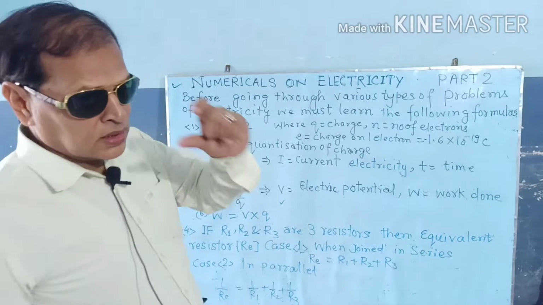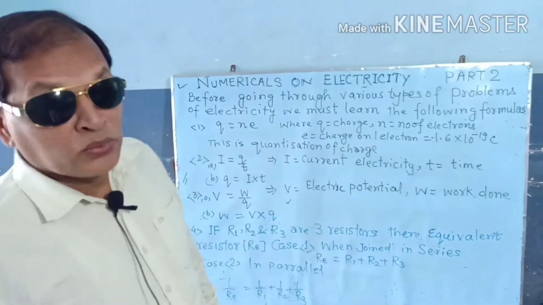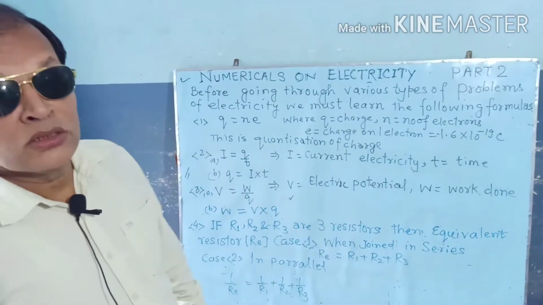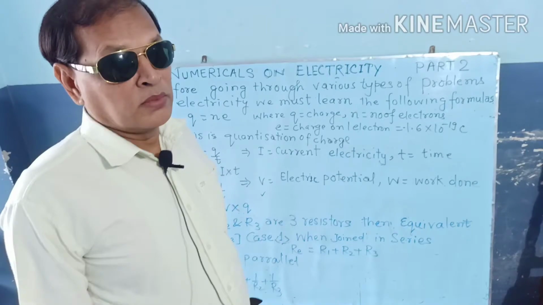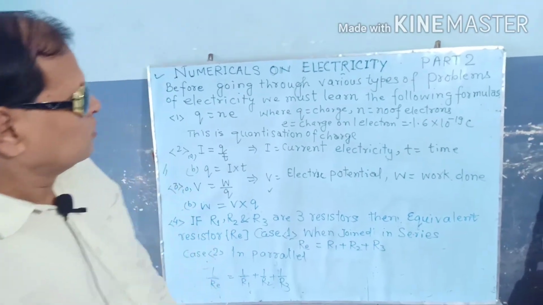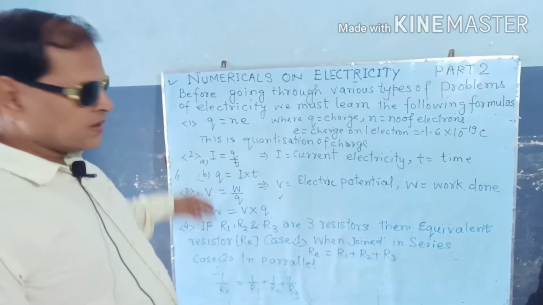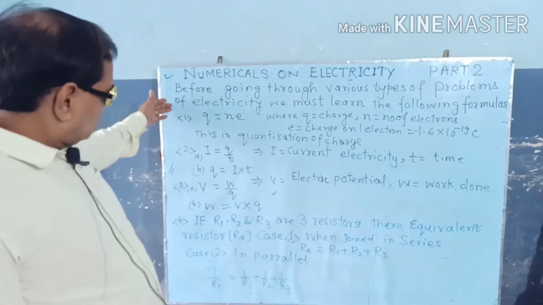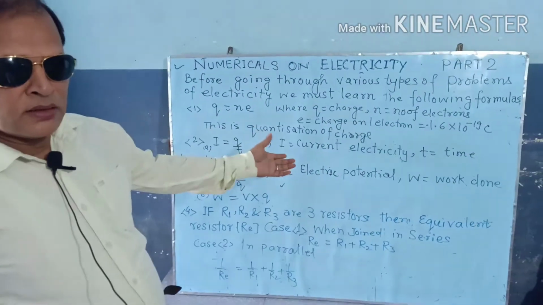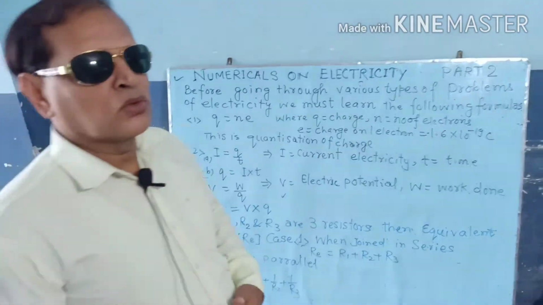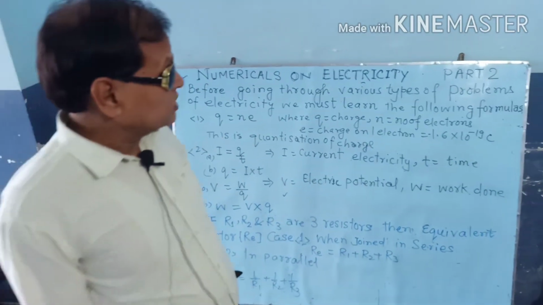In a nutshell, I have listed the formulas so that you may not have difficulty searching for those formulas in your books, because a lot of time will be lost in searching for them. So for your convenience, I have collected all the formulas in a single video. Try to learn them by heart, then start solving numerical problems. I hope that you will feel easy.